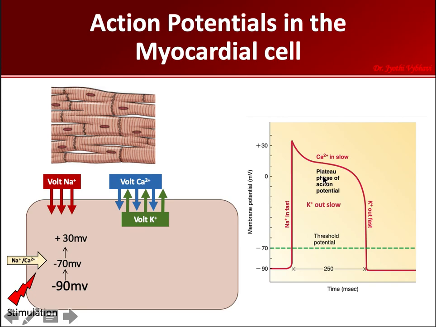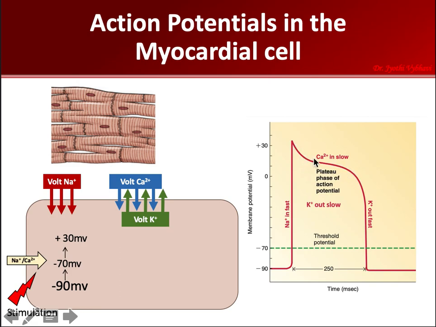Positivity is coming in, positivity is going out, so there is no net potential difference. The potential remains the same for a few milliseconds, because the same amount of positive ions are coming in and going out. So there is a plateau here.